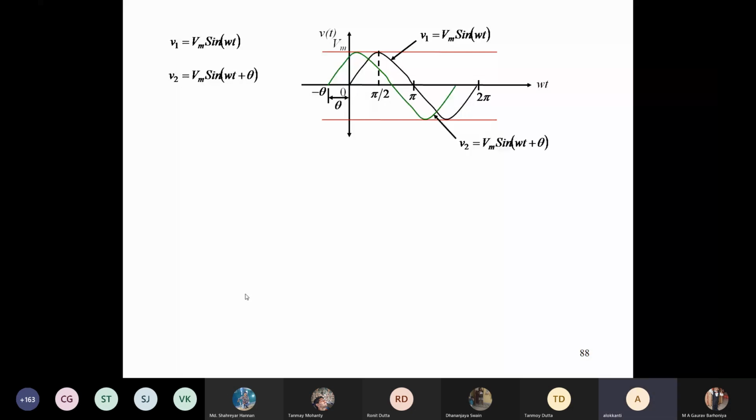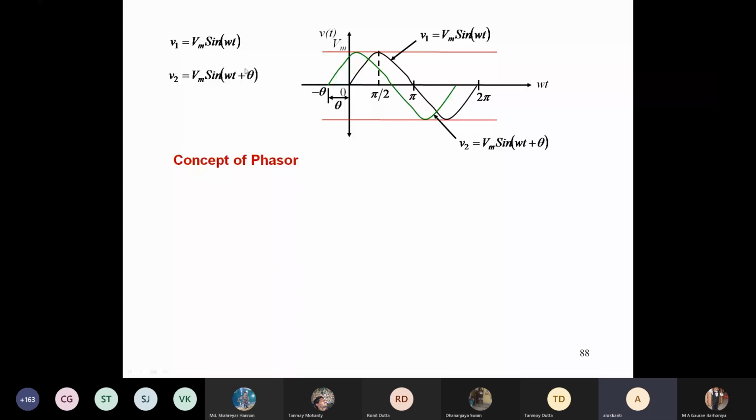Next comes the concept of phasor. Phasor is a concept that will be required in AC. The concept of phasor means that the values of V1 and V2 are changing with omega.